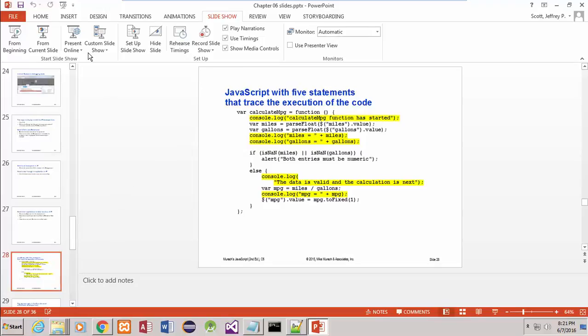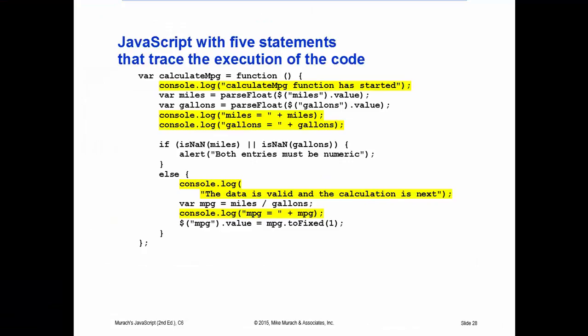So here's where they put some console logs in. What the log typically will do is, when you are in Chrome Developer Tools and you put in console log statements like this, it will produce output at the bottom of your screen.